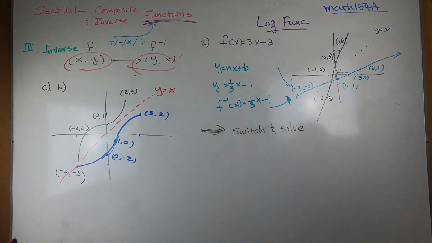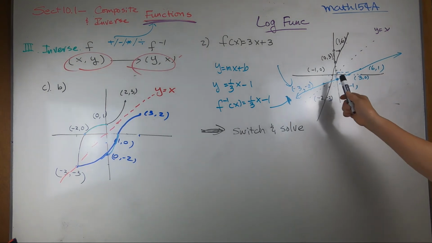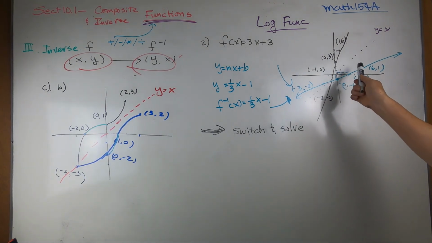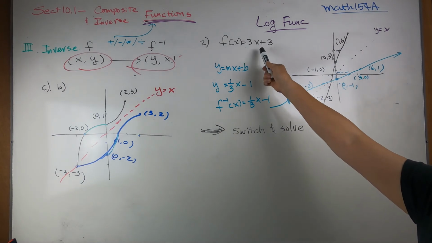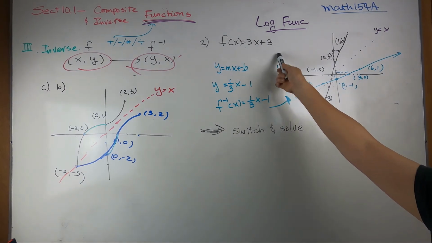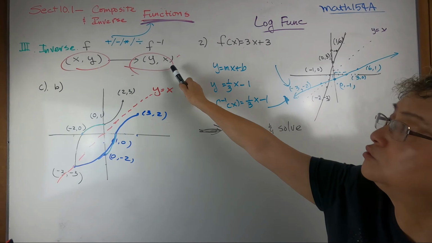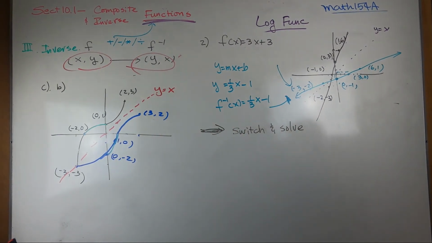Let's see how we would do that. Okay? Because originally this one is your x and y. When you do the inverse, you want to do the y-x. Okay? So follow the steps.